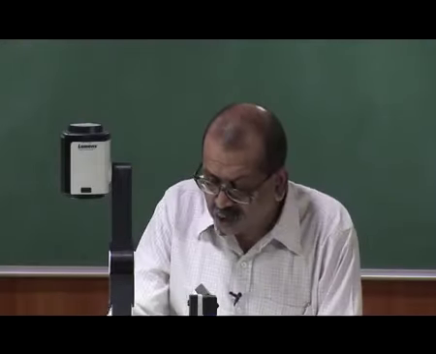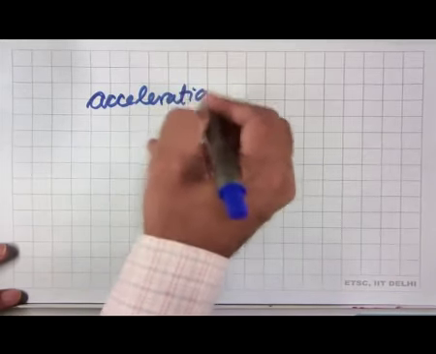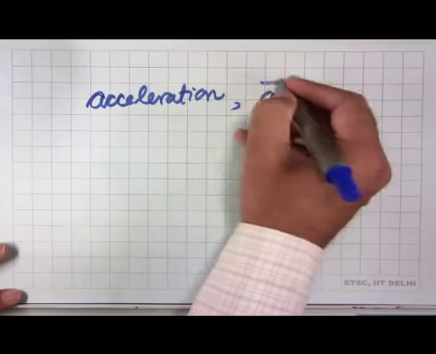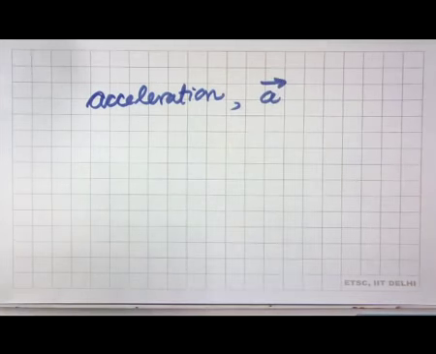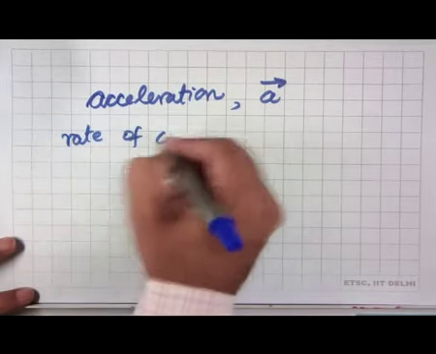Next, we move on to acceleration of a particle, which we denote by vector a. And as we have seen, acceleration is given as the rate of change of velocity.